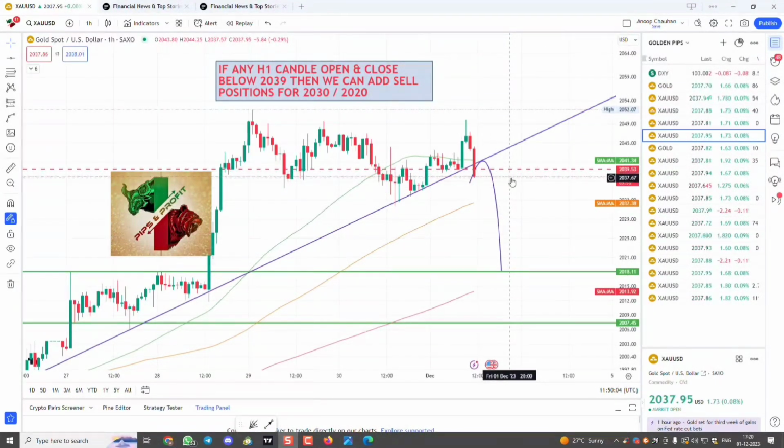If the market goes above 2052, if that area is breached, then definitely it can go towards buying, but I am inclined towards the selling side. So as we wrap up, remember that the gold market is a dynamic arena, constantly influenced by various factors. Keeping a watchful eye on resistance levels, upcoming news, and market sentiments can guide your trading decisions effectively.